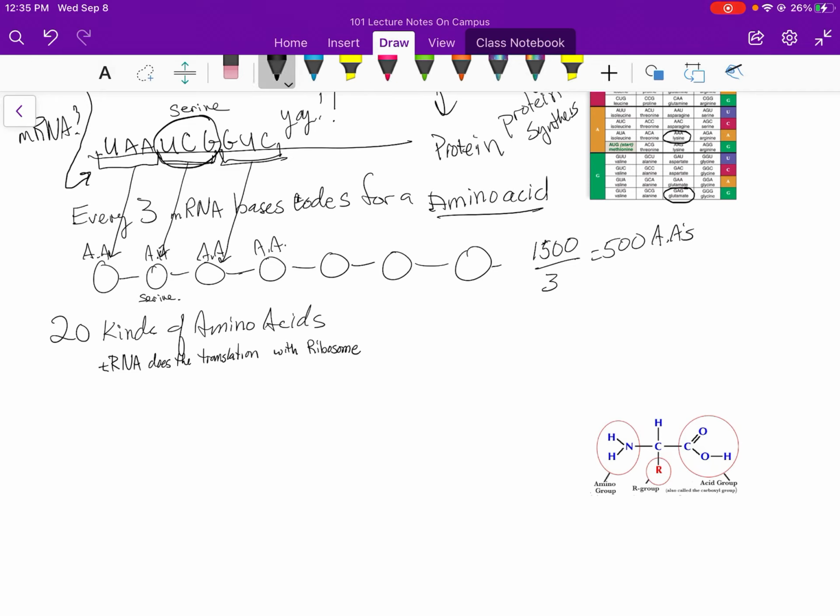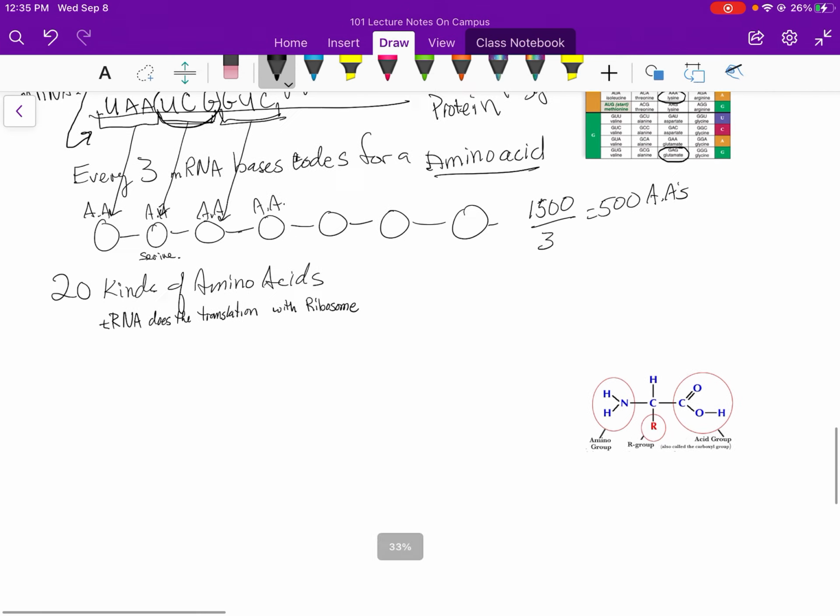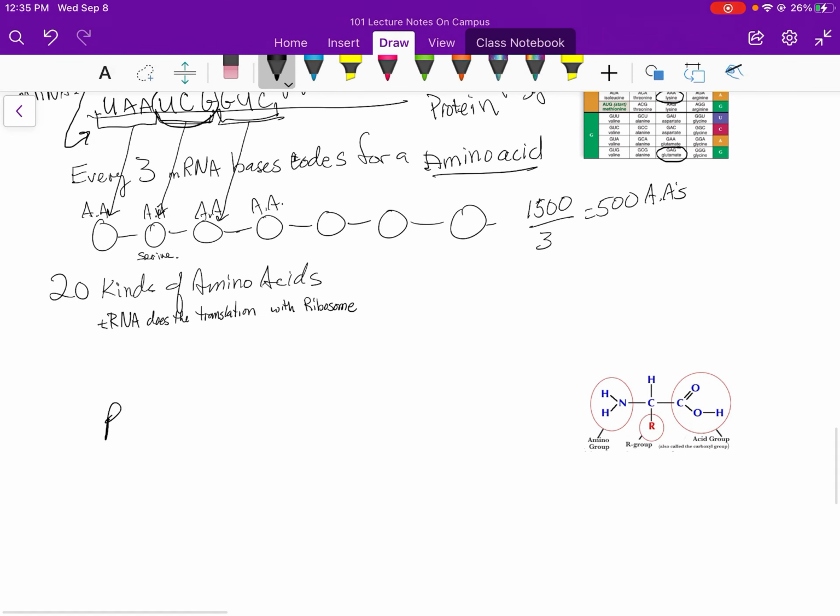Now, proteins have a nitrogenous backbone. So let's look at protein structure for a second. The backbone of the protein goes N, C, C, N, C, C, N, C, C: nitrogen, carbon, carbon, NCC, NCC, NCC. So that's the backbone, right?